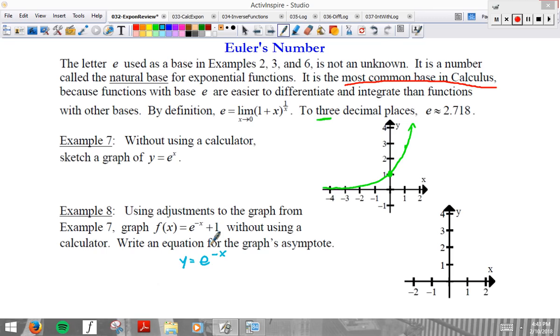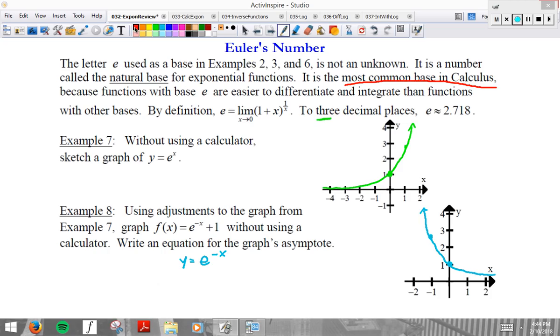That's a good first start. It reflects the graph across the y-axis. It trades x's for negative x's. Y-intercepts stay the same. And so now we'd have something that looks more like this. A little less shaky probably, but whatever. So it has the exact reverse behavior, exact reflective behavior.